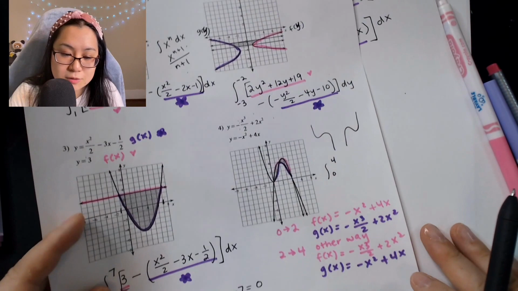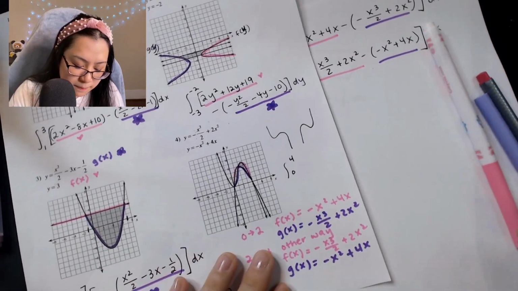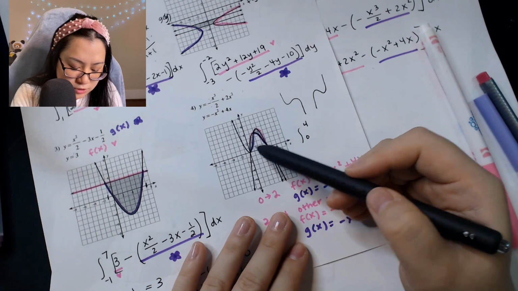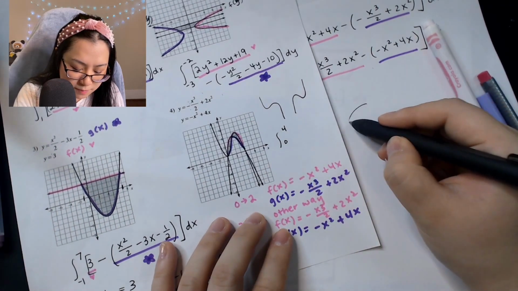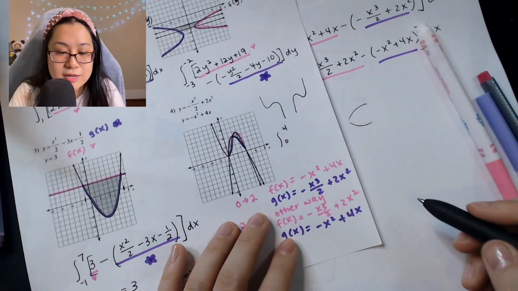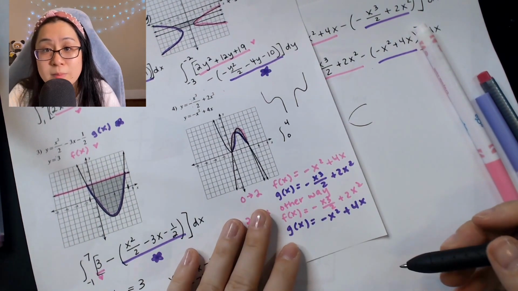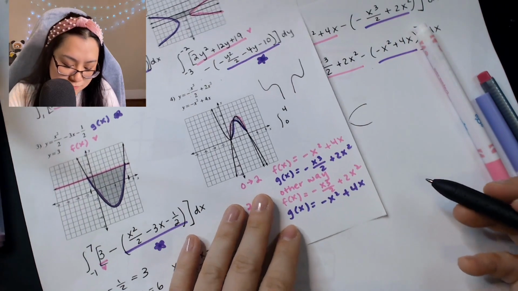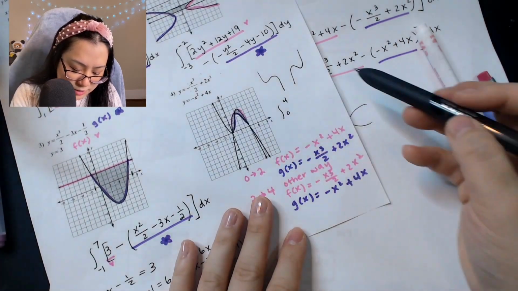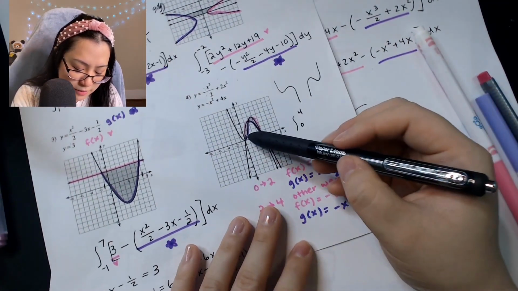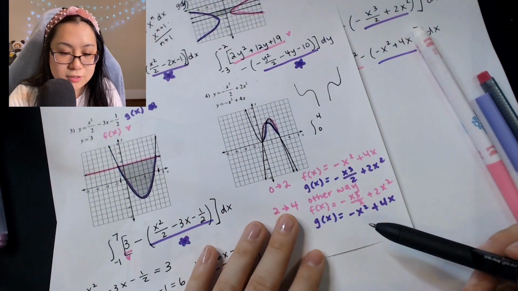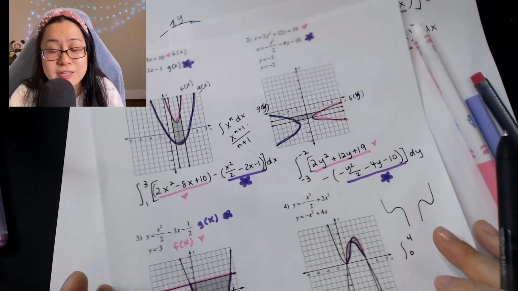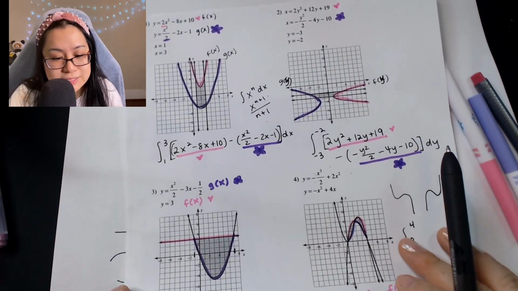Sometimes, based on your question, you might even have a situation where your function ends up having a top and a bottom piece, and you'd have to break that up into maybe a piecewise situation, or break it up in a way so that you do have a top and a bottom, and it might not be two separate functions. Other than that, that's all the different situations that I think might come up.